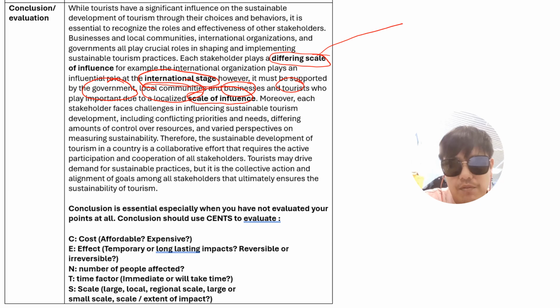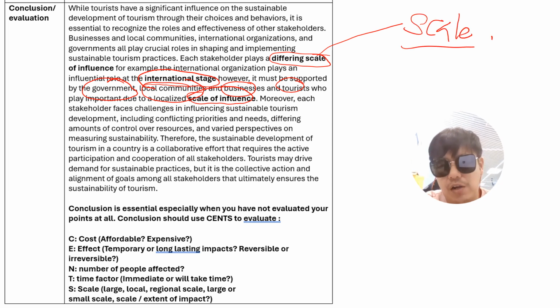So you can see I'm actually using the geographical concept of scale as a criteria for evaluating. Am I saying one is better than the other? Not exactly, because at the end of the day, there is no one stakeholder that is more important than the rest. That's exactly what I'm trying to drive at.